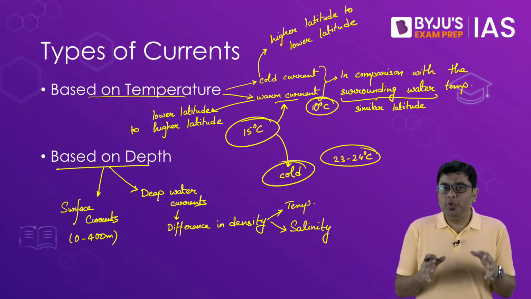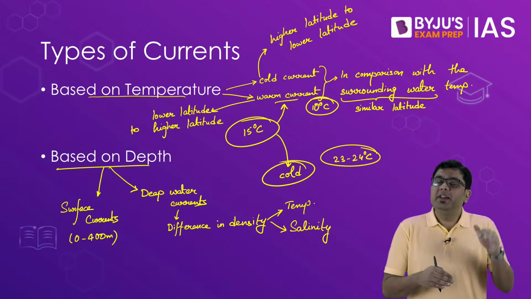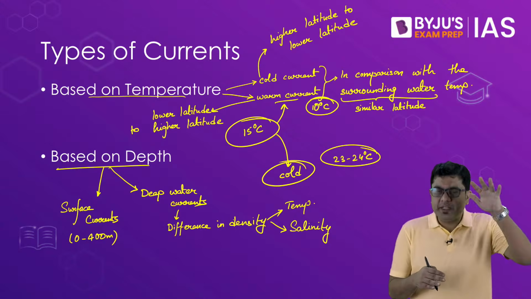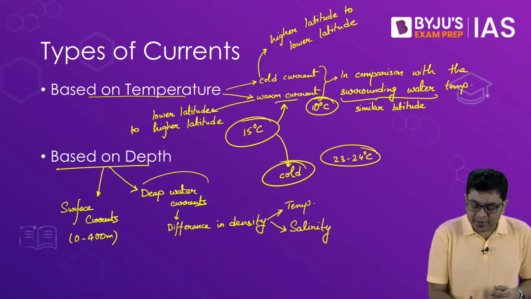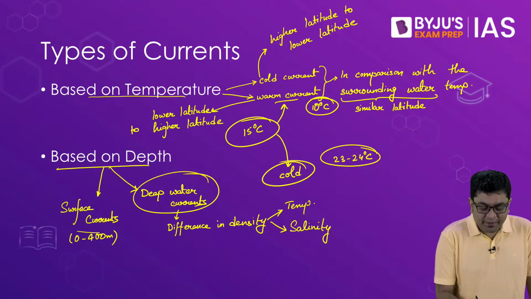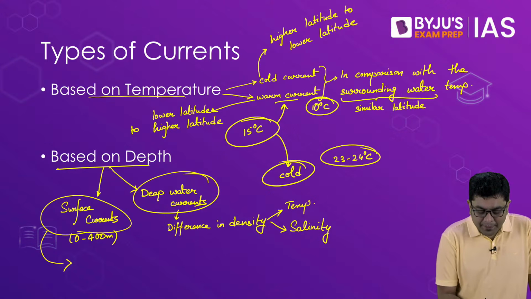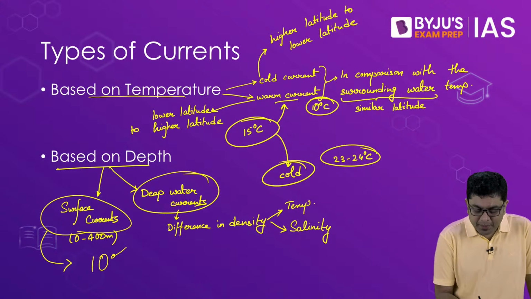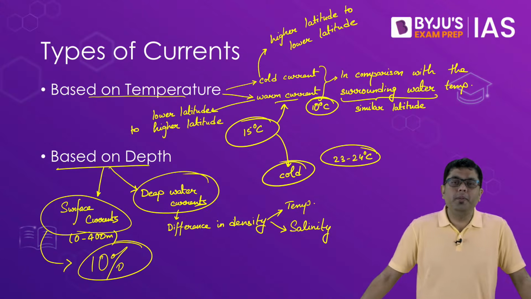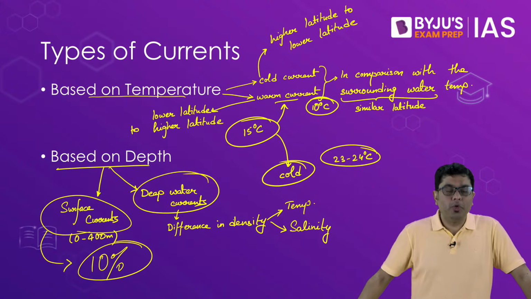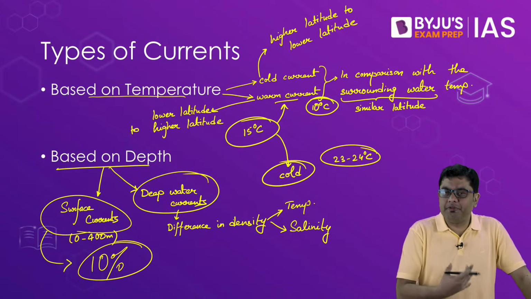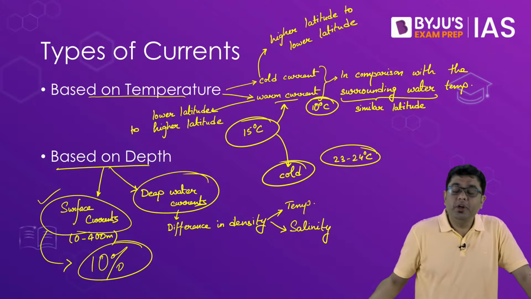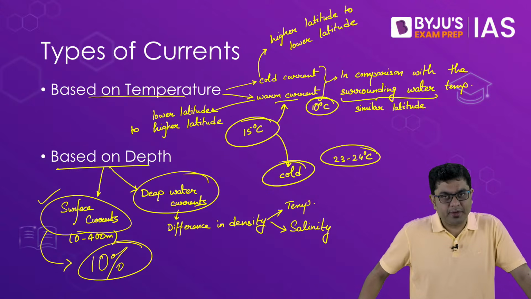Majority of the water movement in the lower level, that is from around 400 meters to the absolute ocean bottom, is where we observe the deep water currents. And surface water currents end up occupying only around 10% of the water motion across the ocean. Okay? So the ocean currents that we refer to, we generally refer to the surface currents in general.